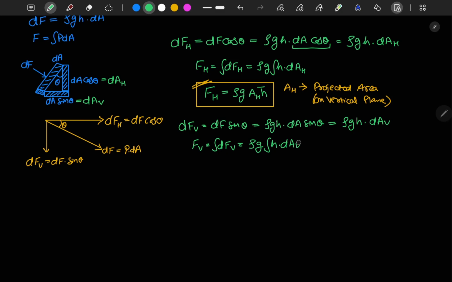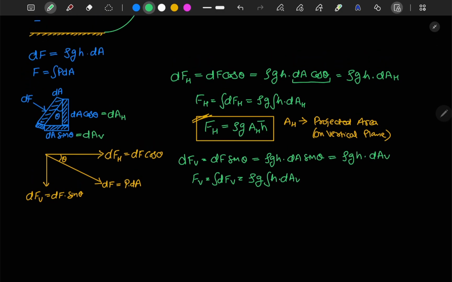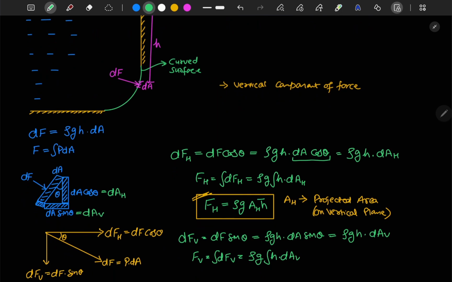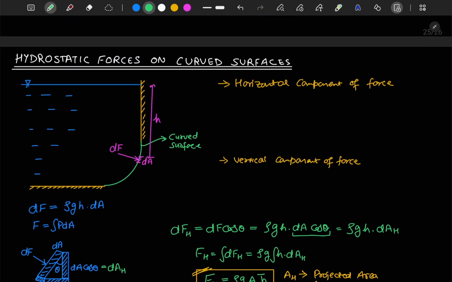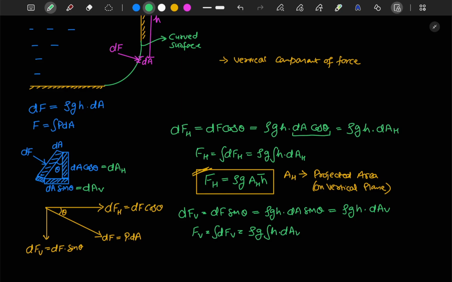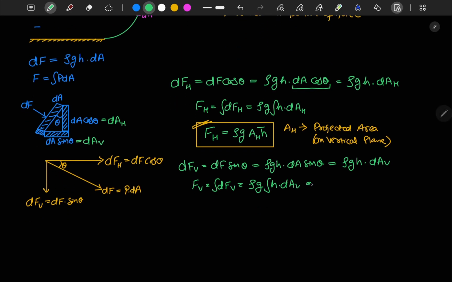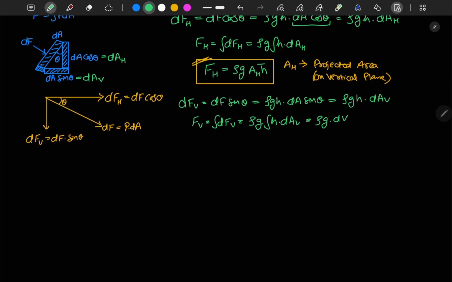Now h into dAv, this small element times height, will be your small volume dV, so it is rho g times the integration of dV.